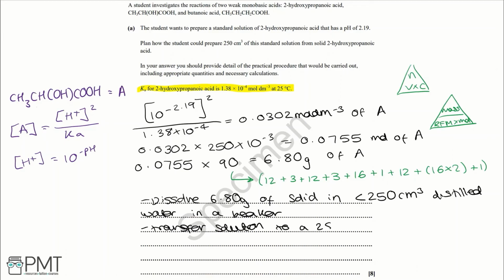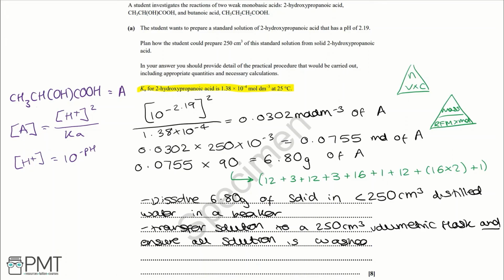Then we're going to transfer the solution to a 250 centimeter cubed volumetric flask. And we need to ensure that the solution is all washed out of the beaker to make sure that all of the 6.80 grams of solid is washed out and is in our solution. Then the final step to make a standard solution is that you need to make up the 250 centimeter cubed mark with distilled water.